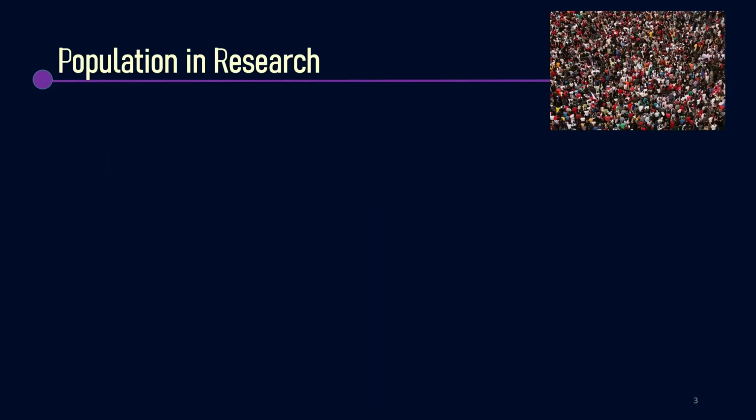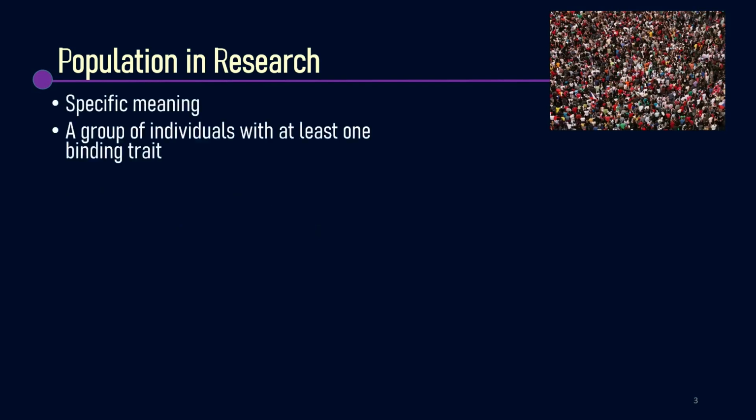Let's start with the term population. Population in demography has a different meaning, whereas population in research has a specific meaning. It is defined as a group of individuals with at least one binding trait.